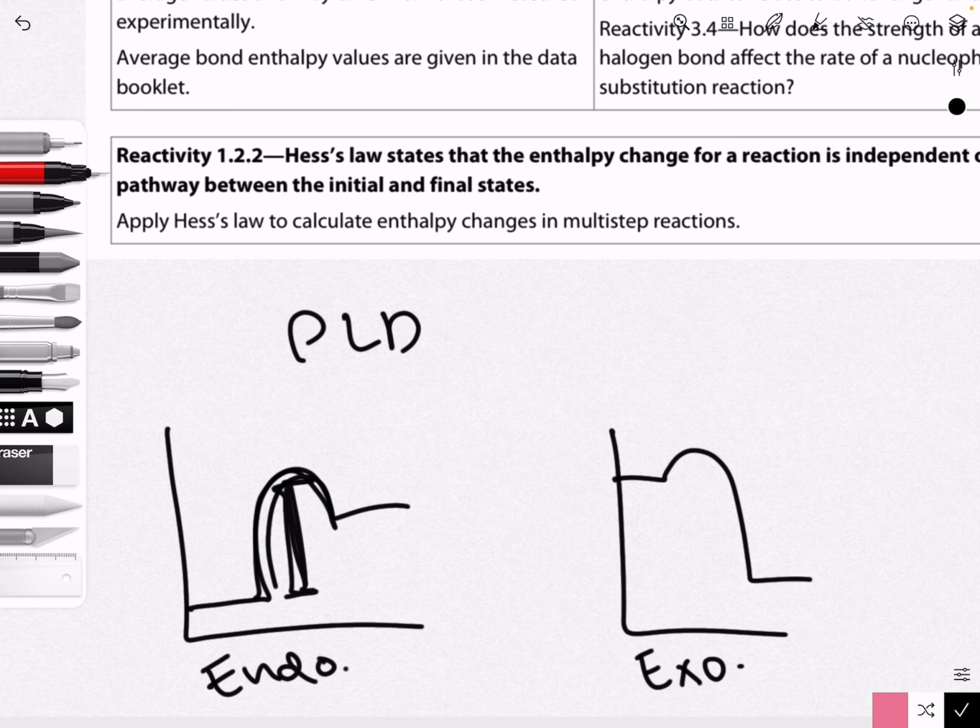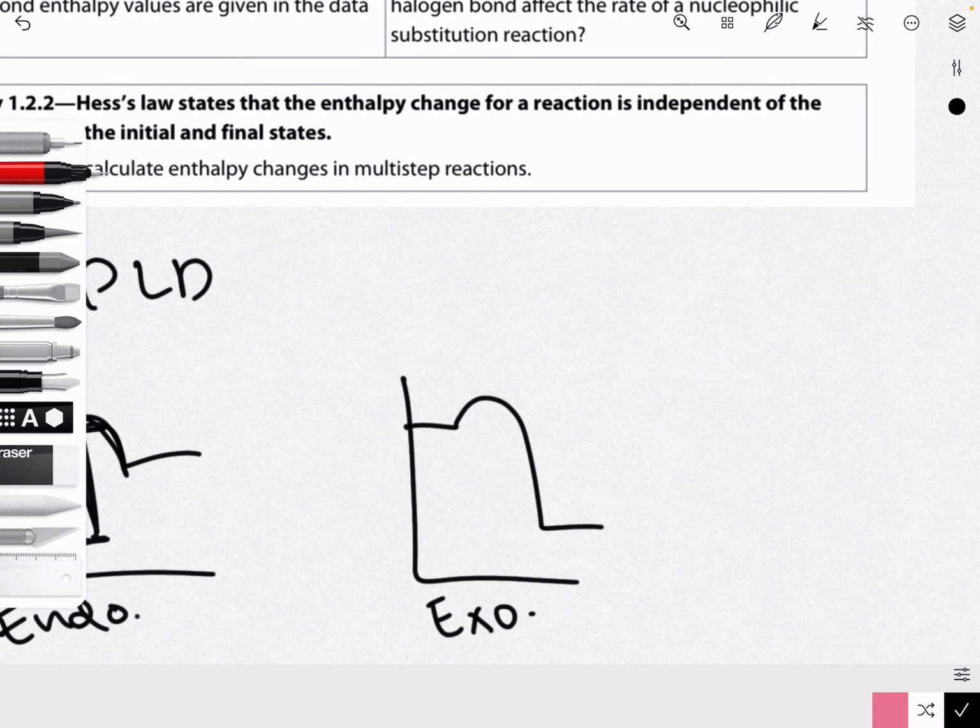So it takes a lot of energy for this to occur, meaning that this reaction absorbs energy. Differently, to make bonds, these will emit energy. Energy is released from the system, as you can see by this decrease in the profile level diagram.